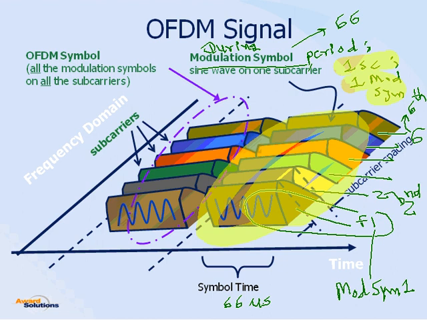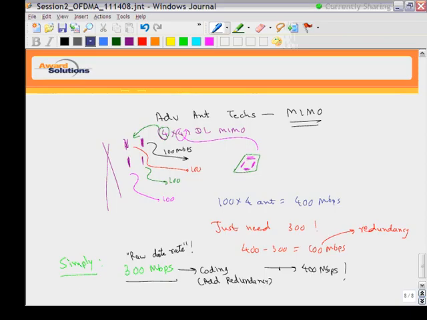So we have a question: how can we use the same set of subcarriers on all antennas? Basically, we'll cover more details later. We have one whole session dedicated to advanced antenna techniques.